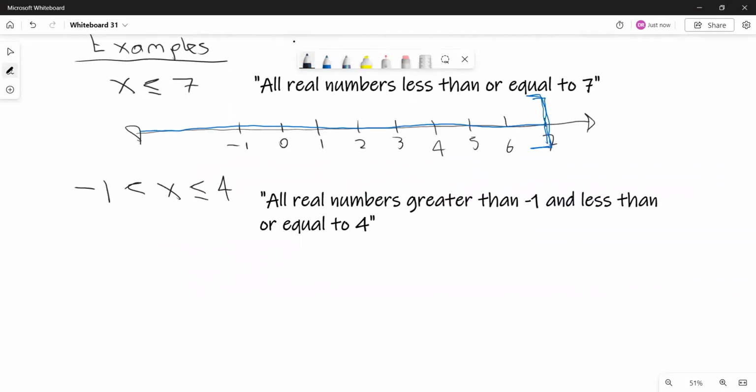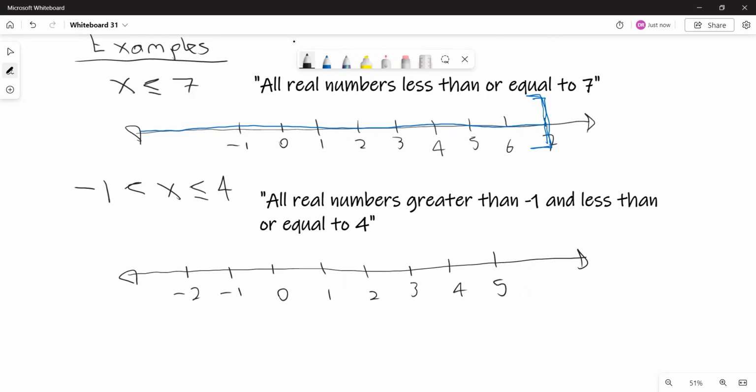And the graph of -1 less than x less than or equal to 4 on a number line. We indicate the less than or equal part with a bracket, and with a parenthesis, we indicate that the end value is not part of the solution set.